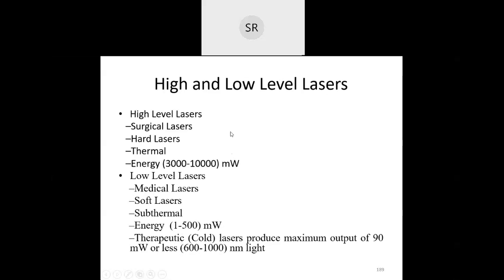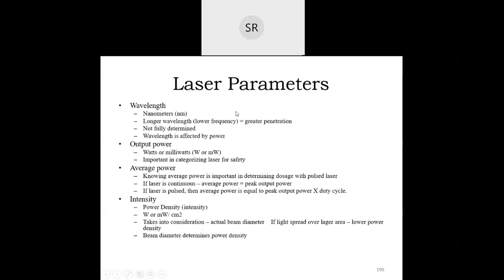Nowadays, laser treatment is used for burning cancer tissues or healing wounds, and in most medical treatments lasers are used. Generally, laser parameters include the wavelength, the output and average power, and the intensity.